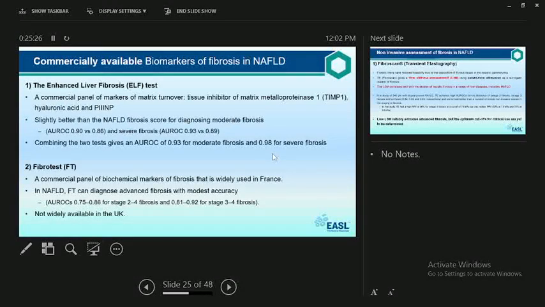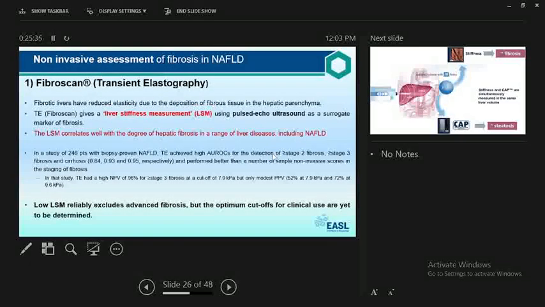What are the biomarkers for liver fibrosis? There are commercially available biomarkers, the FibroTest and the Enhanced Liver Fibrosis test, not in Sri Lanka but in other countries, and they are not as well validated as the other biomarkers.